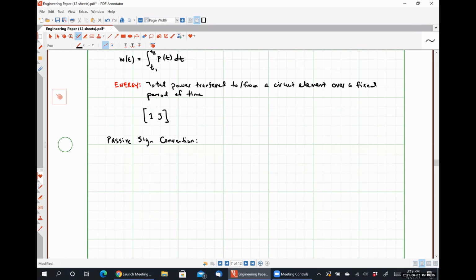So let's say that I have a generic circuit element like so, where I've intentionally elongated these terminals for us to look at something.